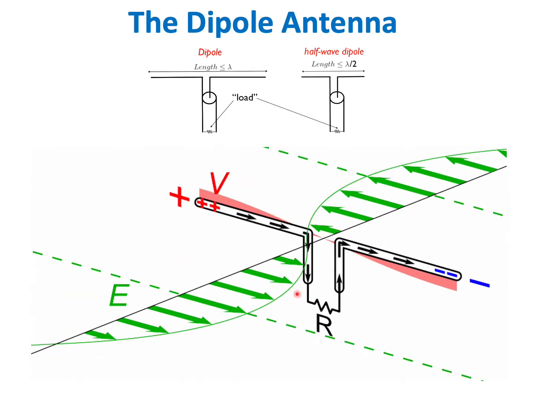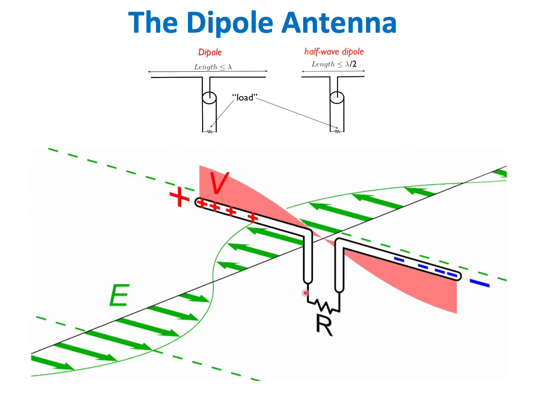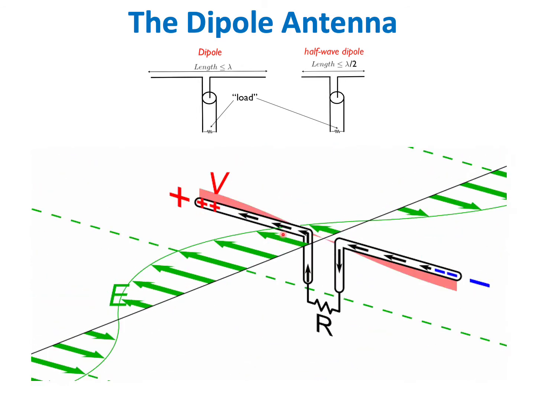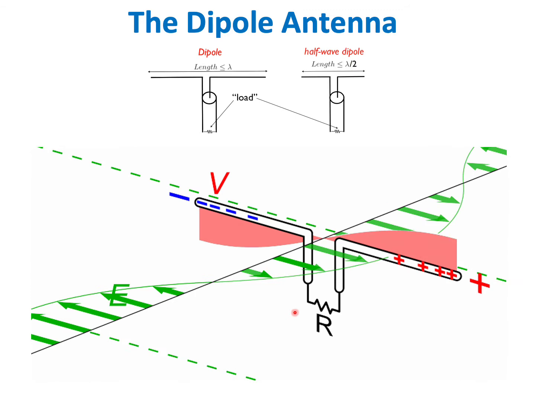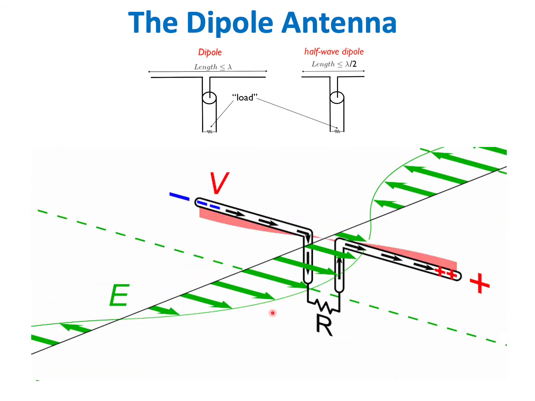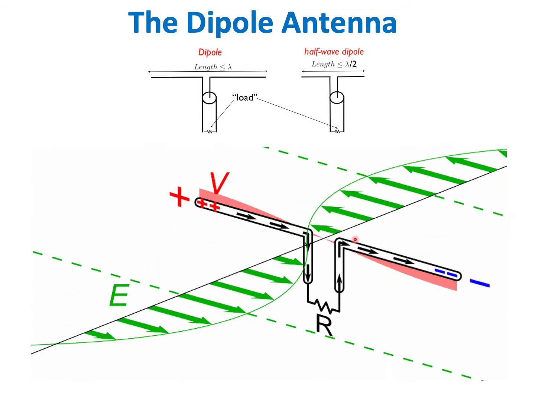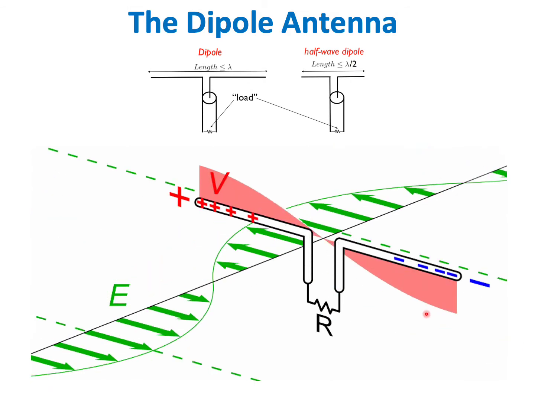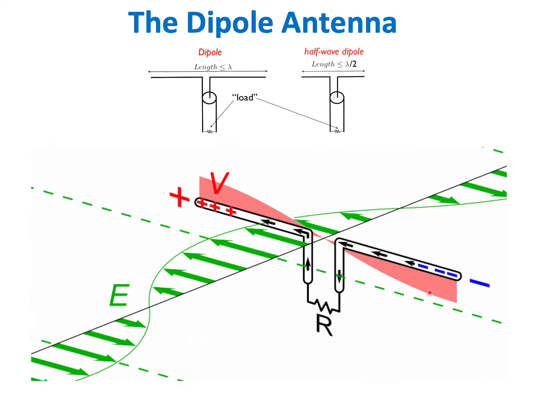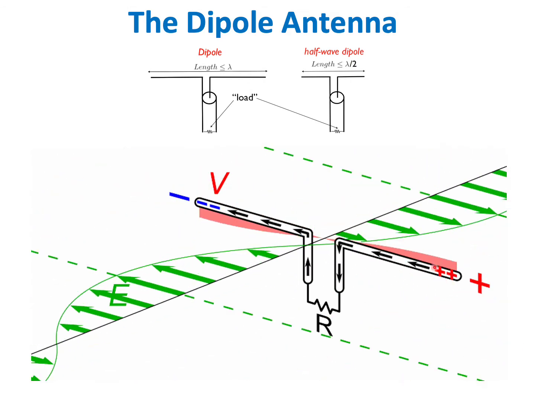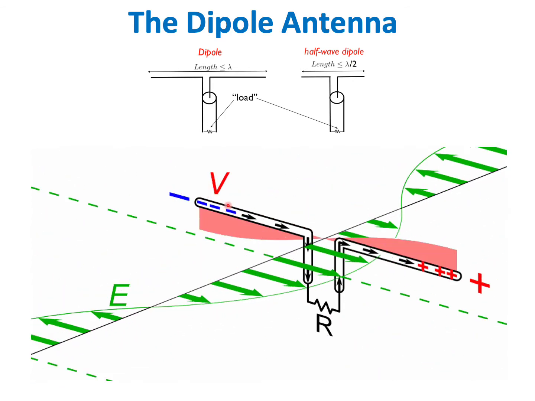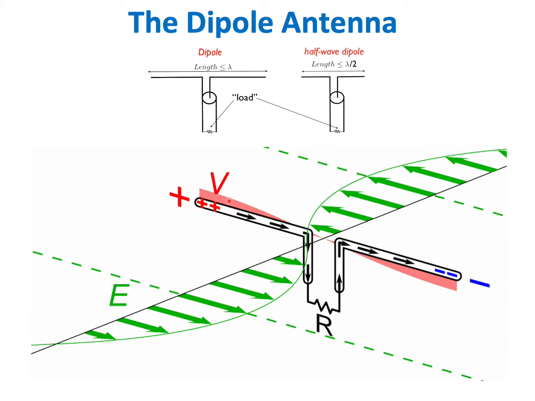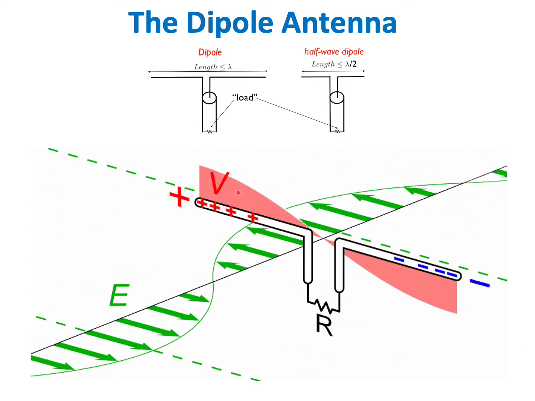When the electric field is pointing to the left, you can see electrons moving in this leftmost wire towards the end of it. Then when the other half of the wave comes by, the electrons start to flow in the other direction and move towards the right side of the dipole. So you can see the dipole becoming alternately charged positive and negative on each side, and you can see the total voltage, positive and negative, here in red.